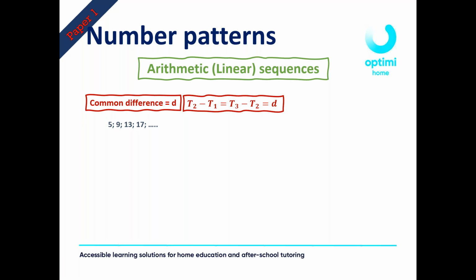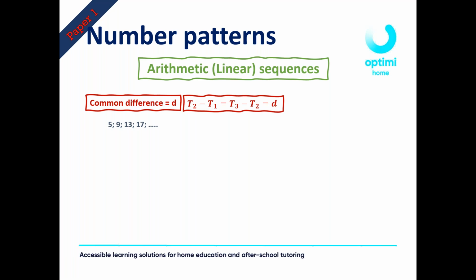They give you the sequence and say determine the general term, and before you can do that, you need to find out what type of number pattern this is. Is it an arithmetic or linear sequence, or a quadratic sequence? So you need to test for either one of those two.